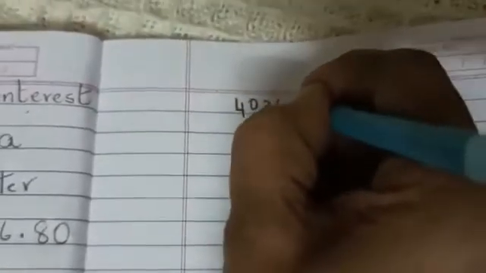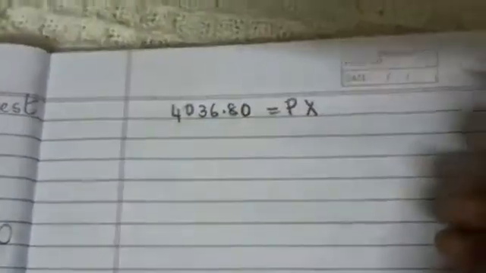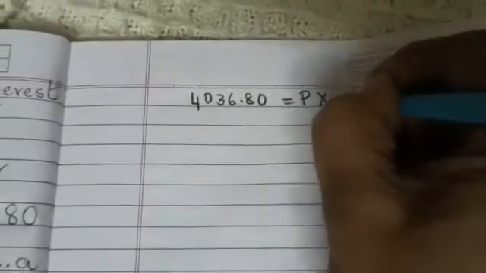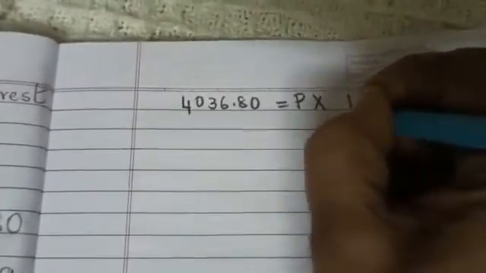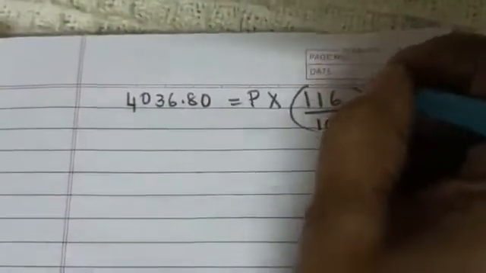Now again I'm writing it over here, 4036.80 is equal to P into 100 plus 16 is 116 upon 100, the whole square.